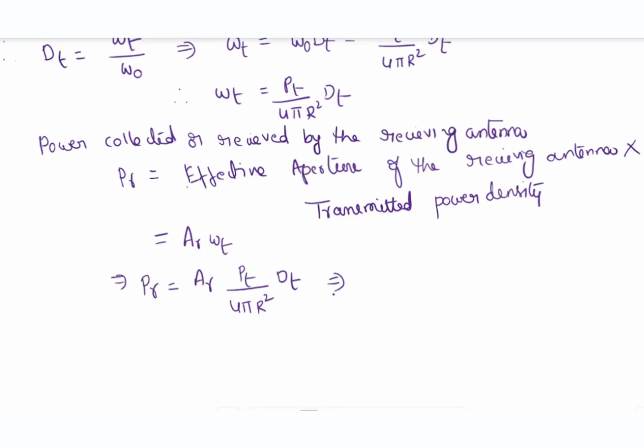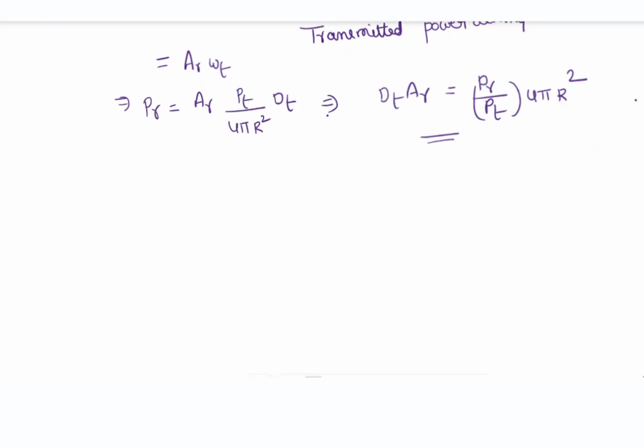It implies DT into AR is equal to PR by PT into 4 pi R square. So take this expression. And now, in the second case, we will assume antenna 2 as the transmitting antenna and antenna 1 as the receiving antenna.